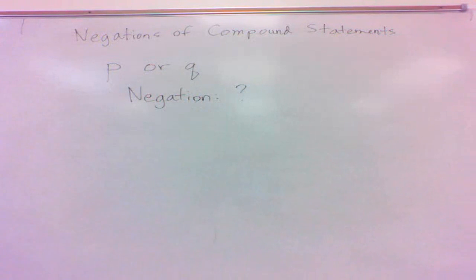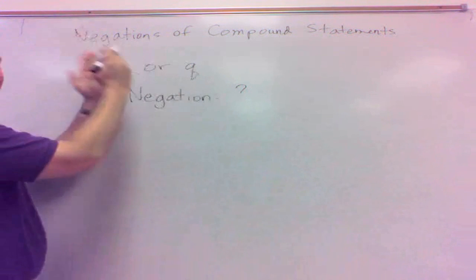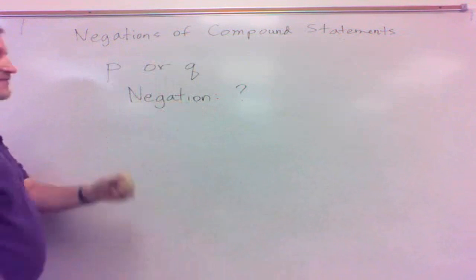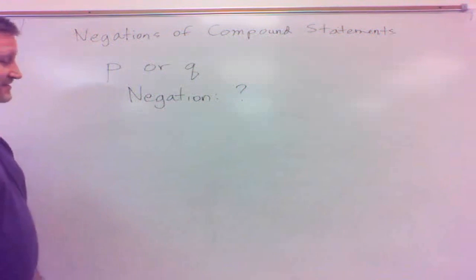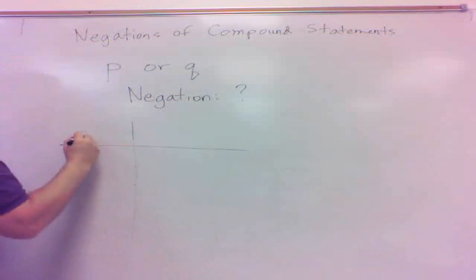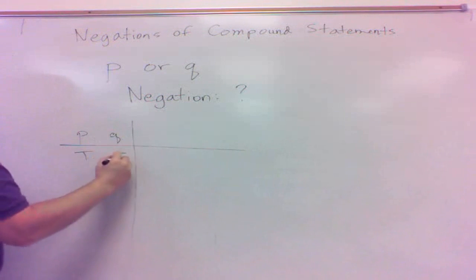Well, if there's any justice, how do you think we would go about negating the or statement? Negate P, negate Q, but what else? Change the or to and. If there's any justice at all, that's the way it would work. Well, let's see. Is that the way it works? Let's look at our truth table here.